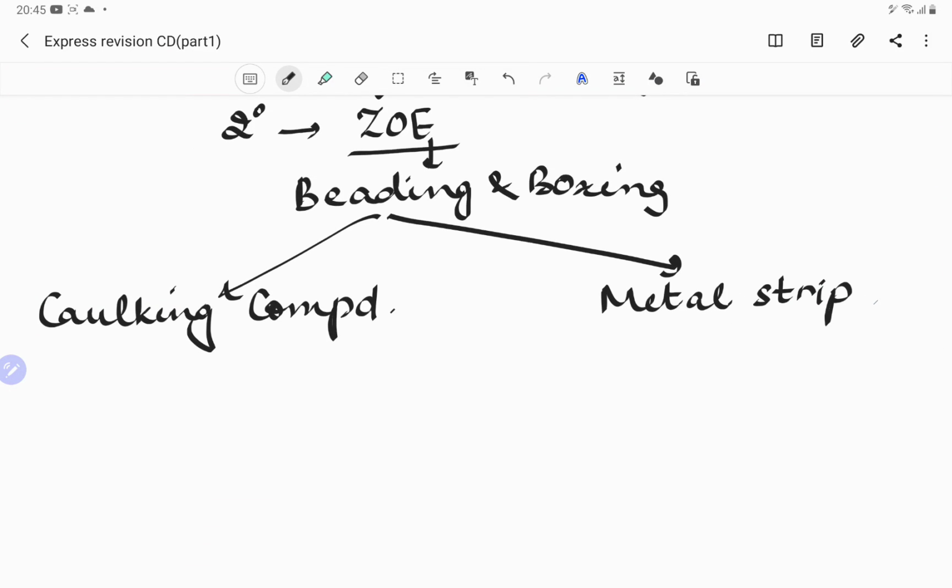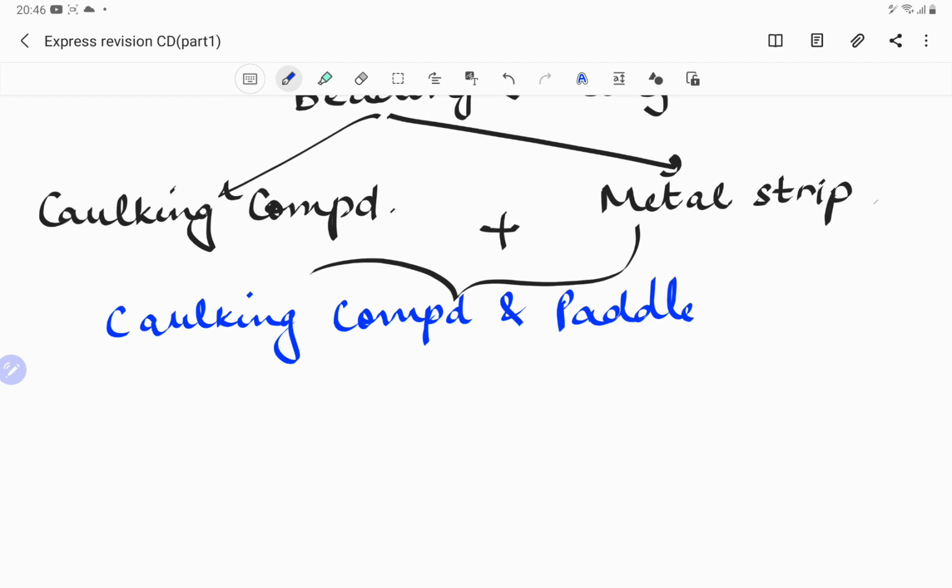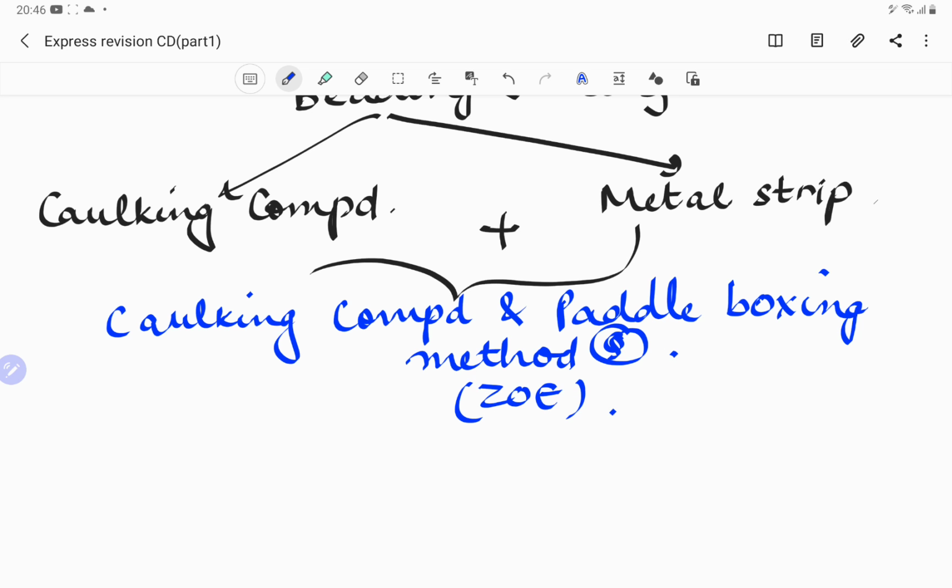And when we combine both of them, then the method we call it is the caulking compound and paddle boxing method, which is done for ZOE, zinc oxide eugenol impression paste, right?